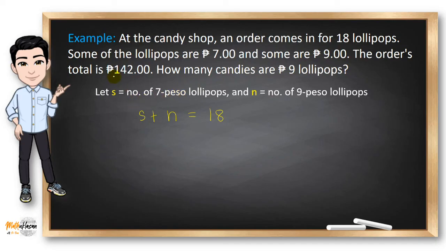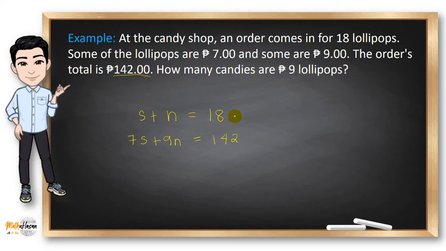So to get the total of 142 pesos, we need to multiply 7 pesos to the number of 7 peso lollipops, and add it to 9 times the number of 9 peso lollipops, and that will give us 142 pesos. We have a system of equations here, so you can use the elimination method, substitution method, and so on. In this case, I'm going to use the substitution method.